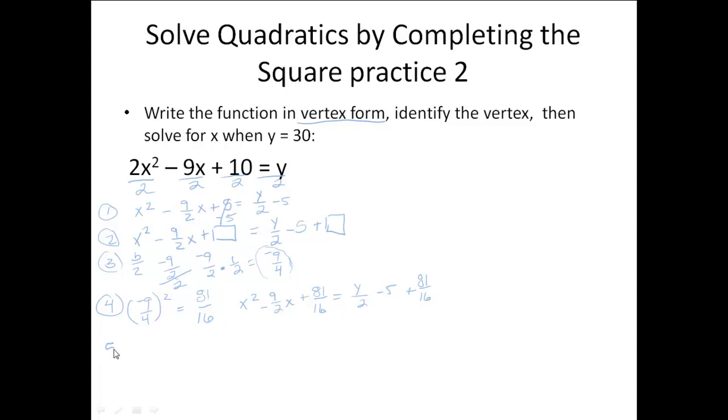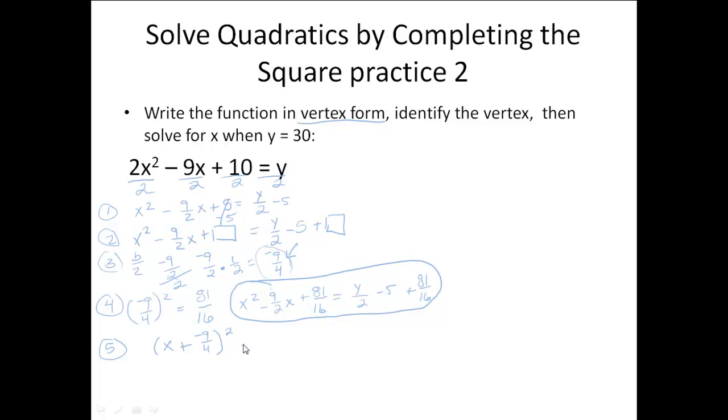And step 5, we get to factor the left side and simplify the right side. So on the left side from my equation, it's going to factor down into x plus, and I've got to go back to step 3 and find that b over 2. So I have negative 9/4.